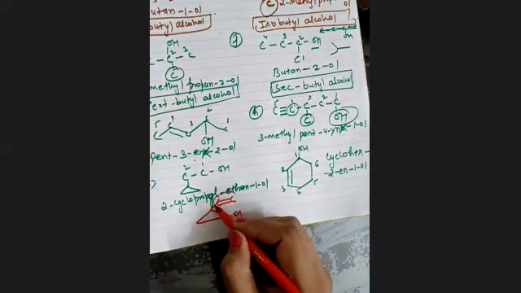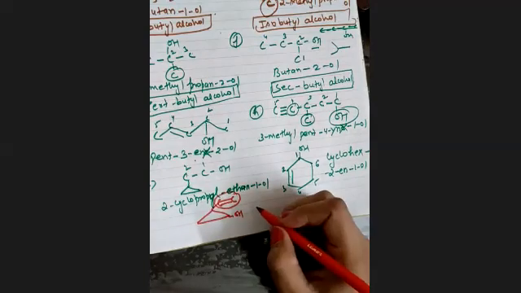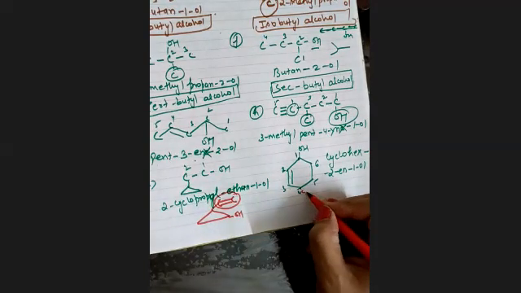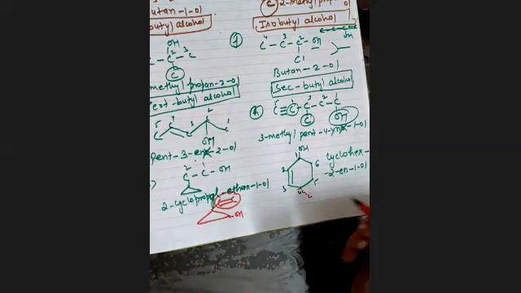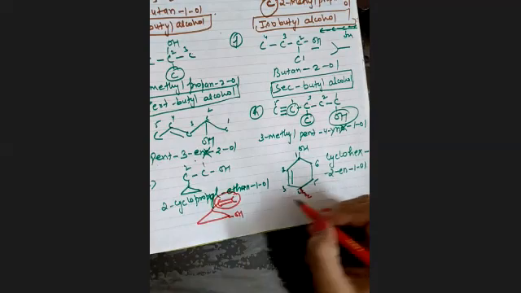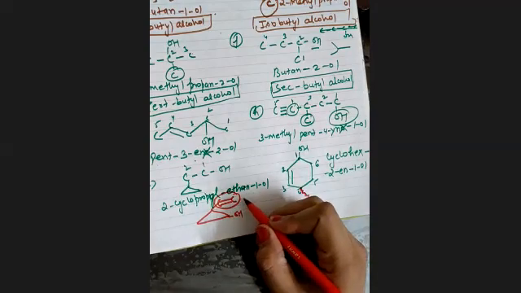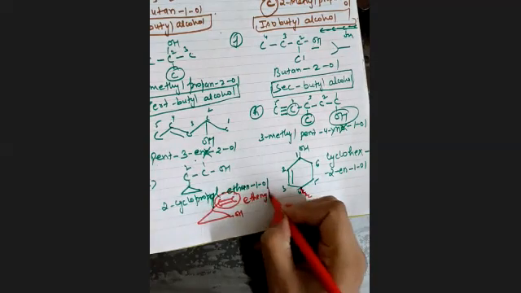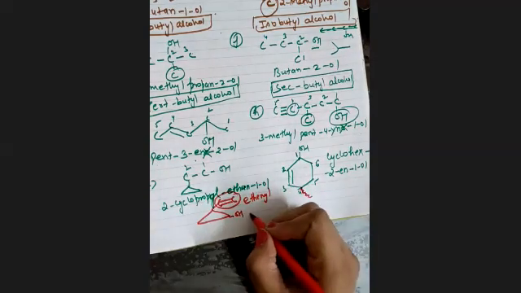Now this substituent is not ethyl. When your carbon chain is directly attached, that will be ethyl. But this is ethene, a double bond is also there. So this is ethenyl and this is ol.